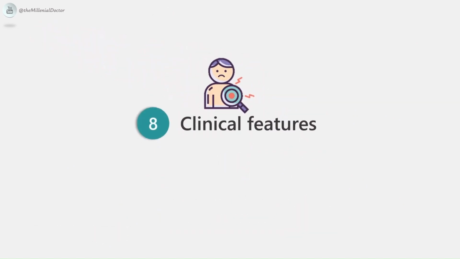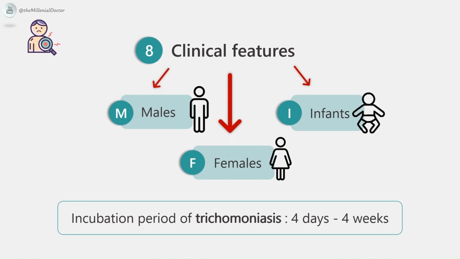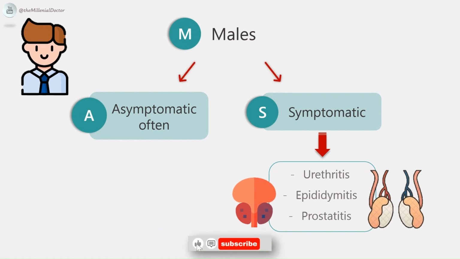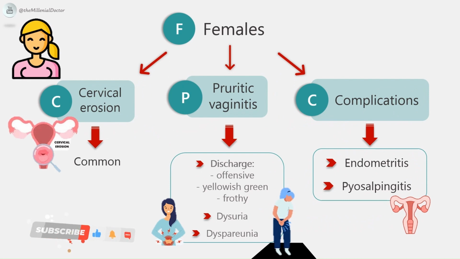Next is the clinical features. The clinical features are observed in males, females, and infants who are infected during birth. The incubation period of trichomoniasis is 4 days to 4 weeks. First, clinical features in males. Infection is often asymptomatic, particularly in males, although some may develop urethritis, epididymitis, and prostatitis. In females, cervical erosion is common.